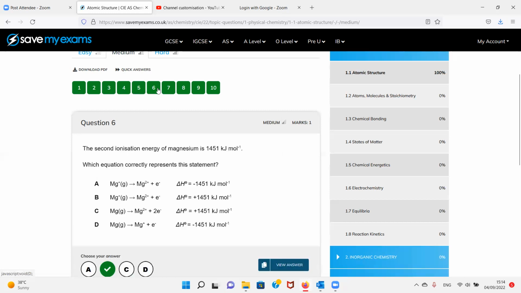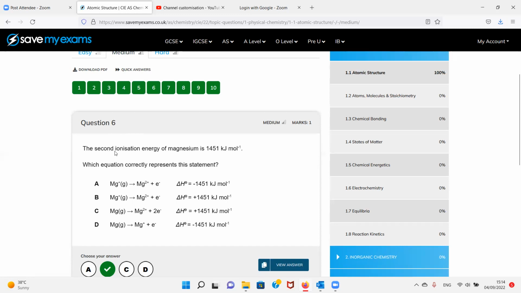Okay, next. The second ionization energy of magnesium is 1451 kilojoules per mole. Which equation correctly describes or represents the statement? Well, here they are talking about the second ionization energy.